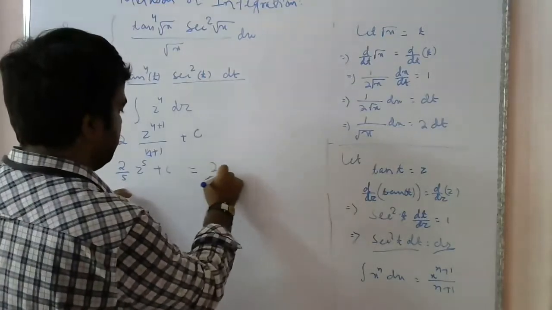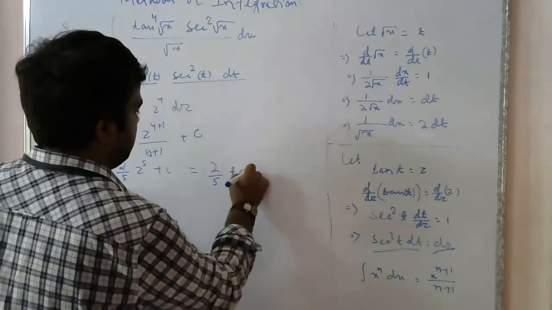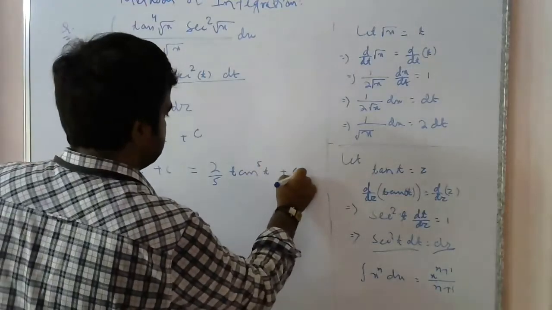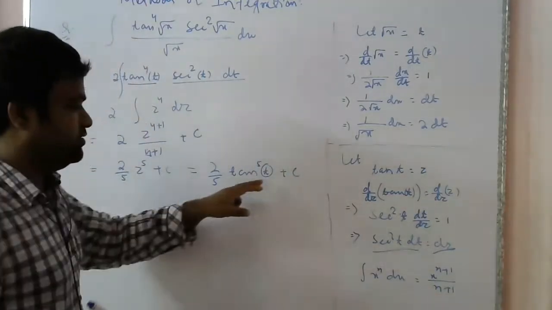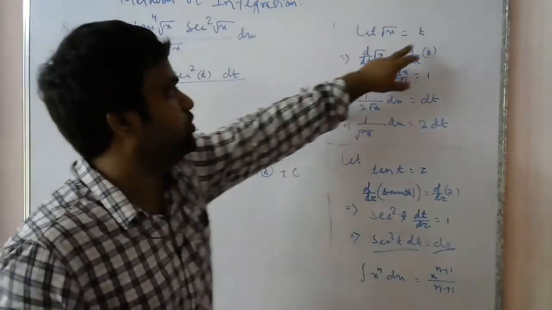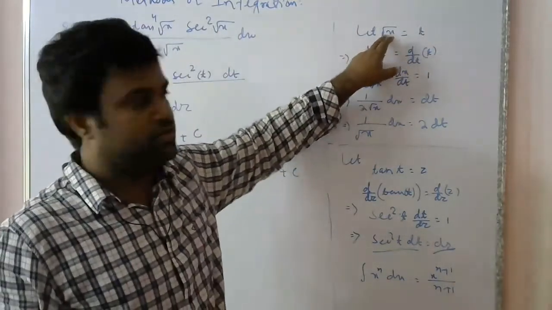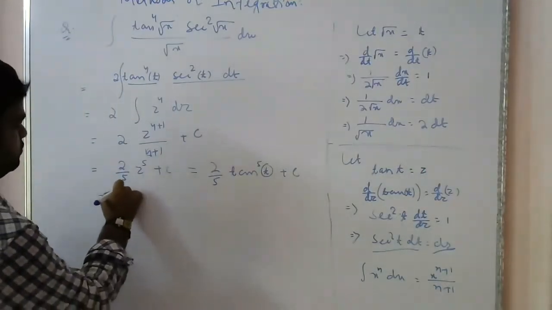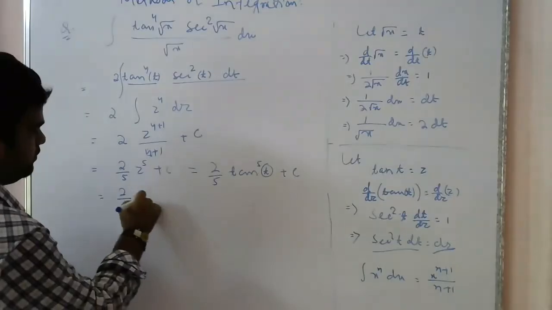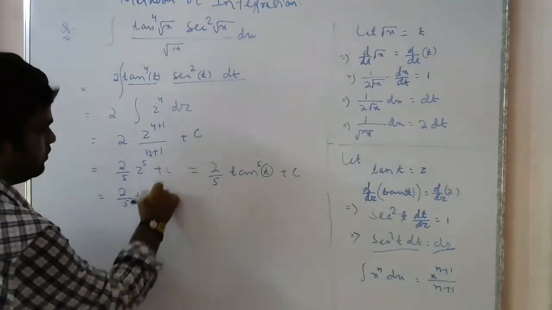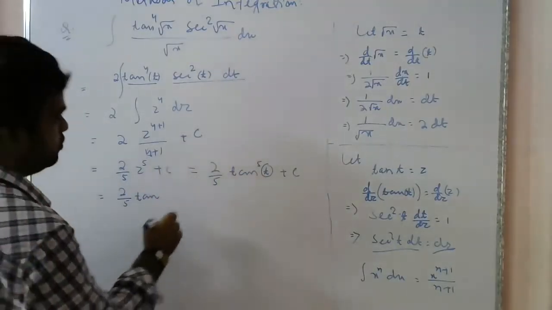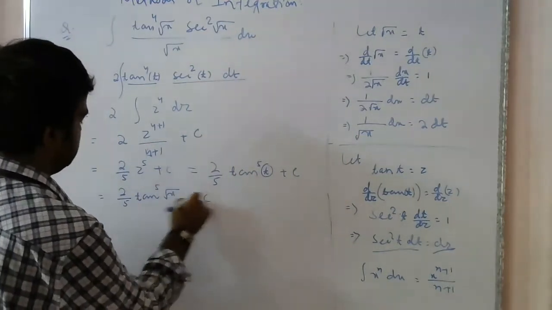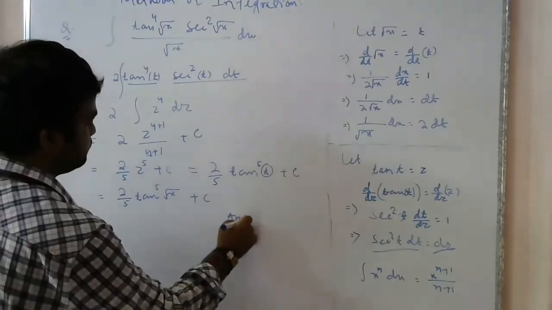So I'll write 2 by 5 tan to the power 5 t plus c. Now again I have to replace t because I have to go back to x. So t is equal to root x I have taken. So this is equal to 2 upon 5, tan to the power 5 of root x, plus c. So this is your answer.